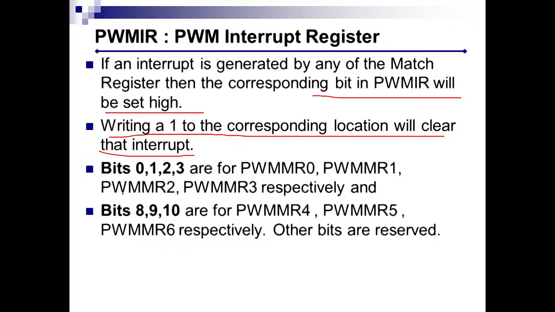For example, bits 0, 1, 2, 3 are for PWM MR0, MR1, MR2 and MR3 respectively, and bits 8, 9, 10 are for MR4, MR5 and MR6. So you have to write 1 to this bit position in order to clear the interrupt. Otherwise, that flag will remain high. Right? So if you want to clear the interrupt flag, you have to write 1 at the corresponding location of these bits in the PWM interrupt register.